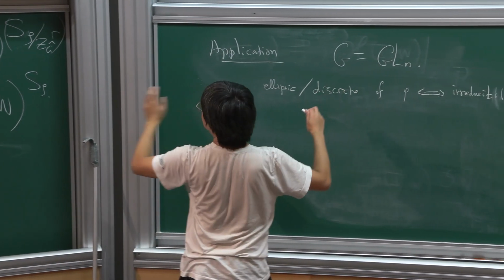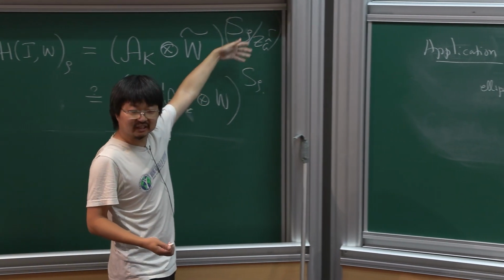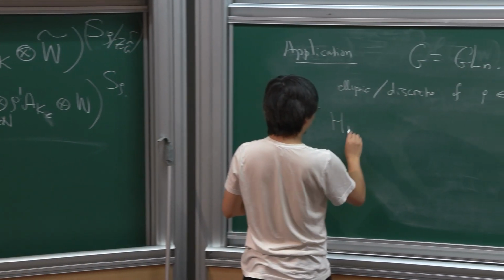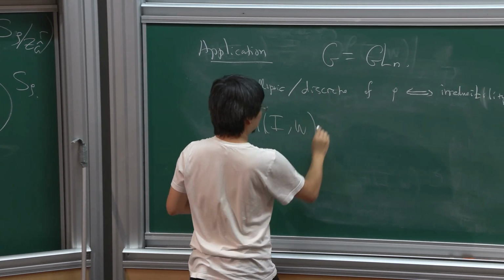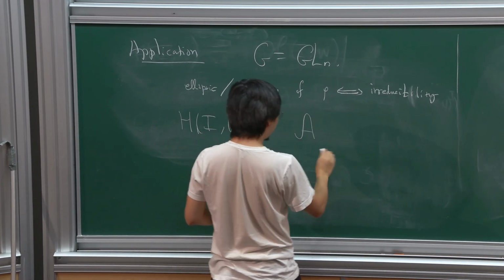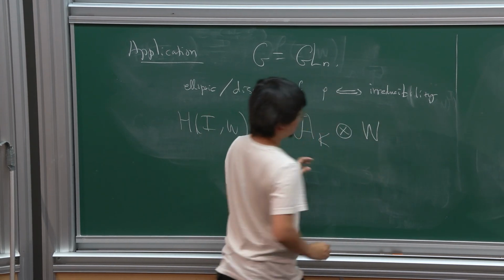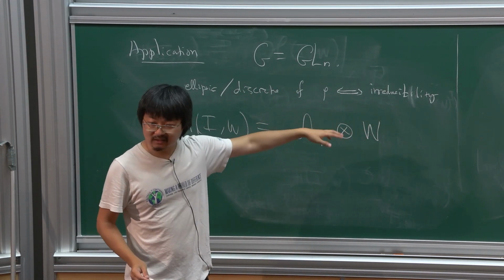But in this case, that means in the case of GL_n, this becomes trivial. So that means H_I^W is just some sheaf A_K tensor with this W as a representation.